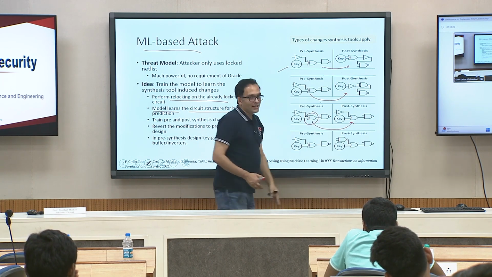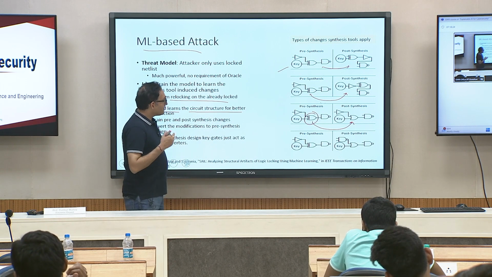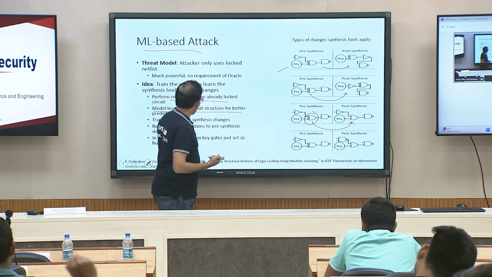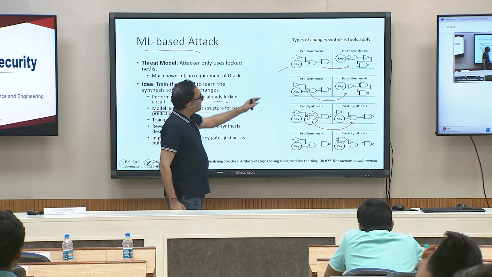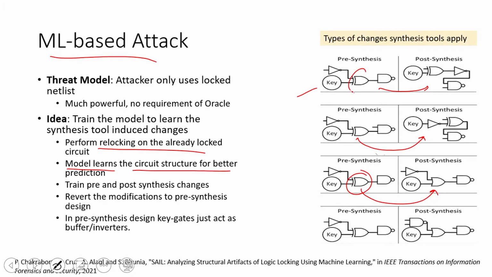This way you can create the training data set for the ML model, and the main success is because this modification is local. You are adding only one key gate, and even if you do bubble pushing, that will only impact maybe this gate, this input, or something around this, maybe one or two levels. So you can create all those patterns.